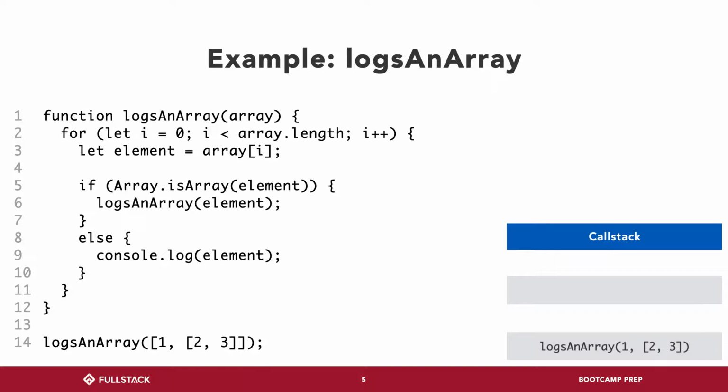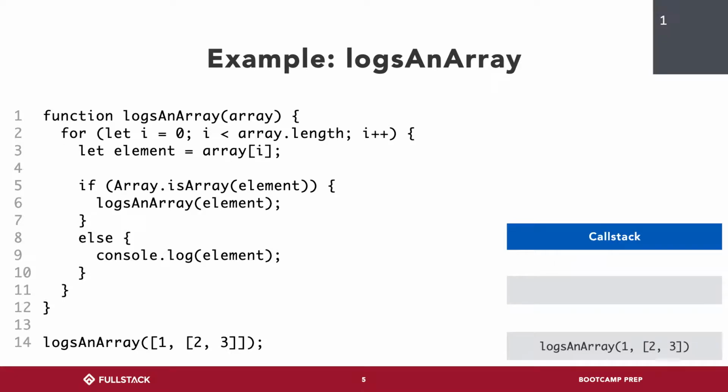So we're looping through it. The current element is 1. Is that an array? No. It's just going to console log it. And then it's going to run through the loop again. But now, the next element is going to be 2, 3, an array with 2, 3 in it, right? So this if condition will be satisfied, and then we're going to call logs array again.